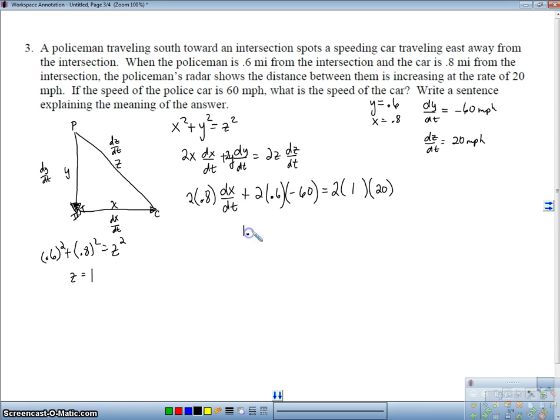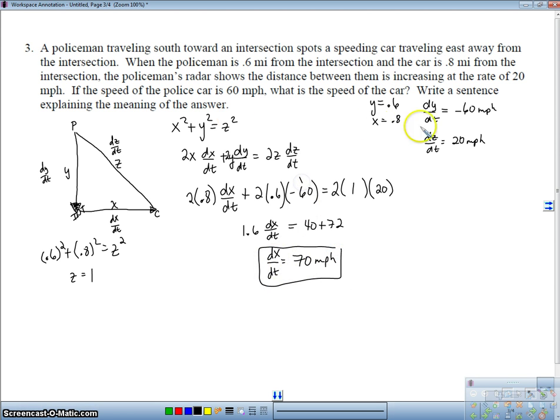So I'm going to get 1.6 dx/dt, and I'm going to multiply this out, which is 40, and subtract this on this side. Actually I'm subtracting over, but I've got a negative here, right? So I've got 40 plus 72 from there. And when I divide by 1.6, I'm going to get dx/dt equal to 70 miles per hour. All right.